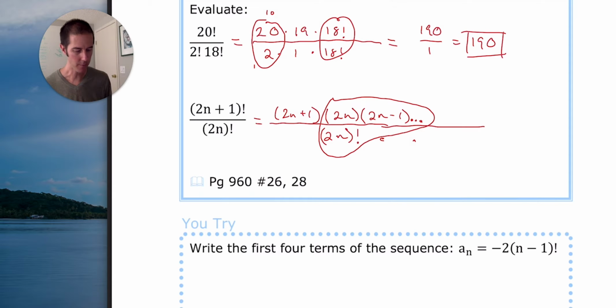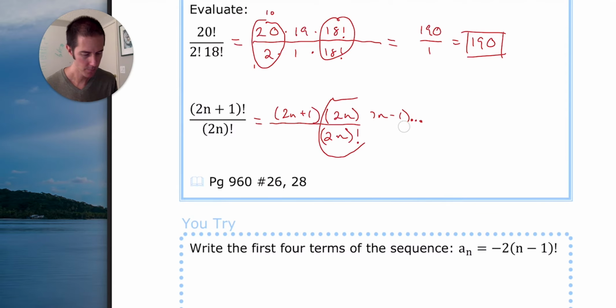I don't love the way that I've written this, so I'm going to do a little erasing and just clean this up. Now that we've talked through it a little, we're clear that the numerator would have a 2n and a 2n minus 1 and a 2n minus 2 and so on. We're clear that the denominator would have a 2n, a 2n minus 1, a 2n minus 2, and so on.